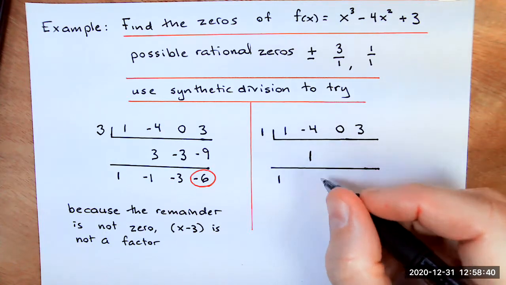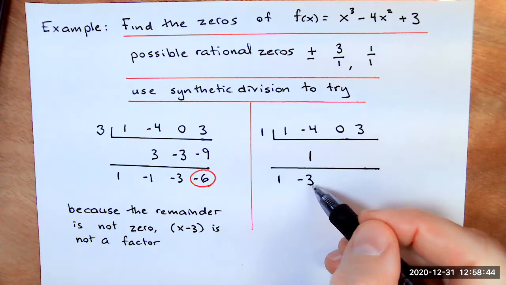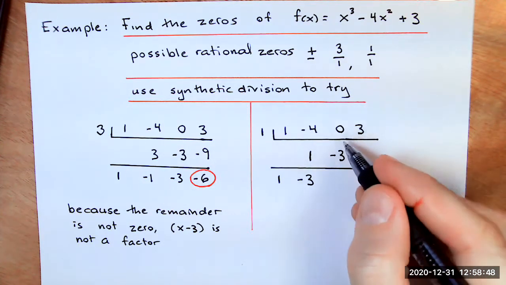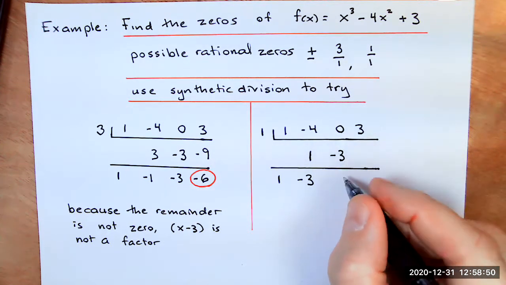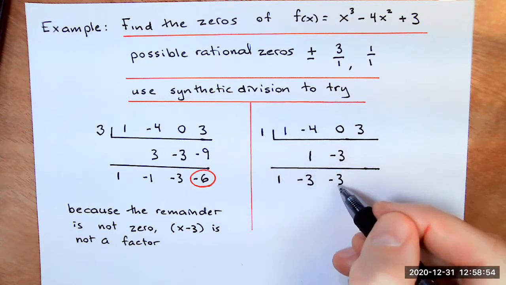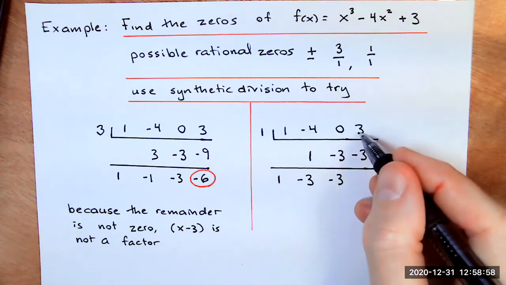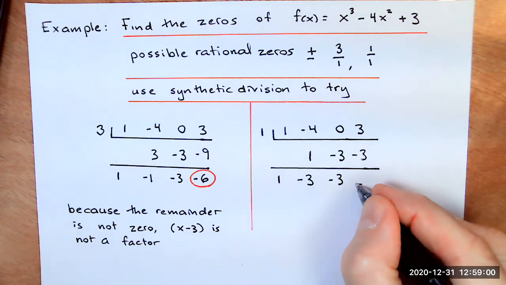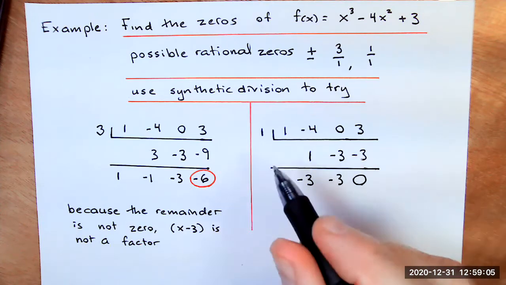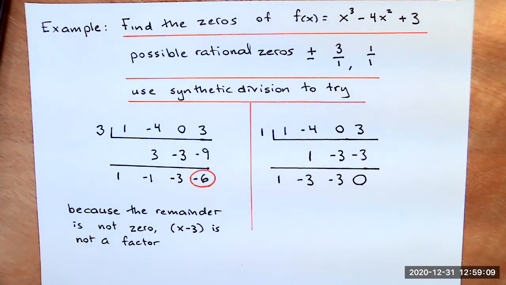Negative 4 plus 1 is negative 3. 1 times negative 3 is negative 3. 0 plus negative 3 is negative 3. 1 times negative 3 is negative 3. 3 and negative 3 make 0. So the remainder is 0. That means that x minus 1 is a factor.